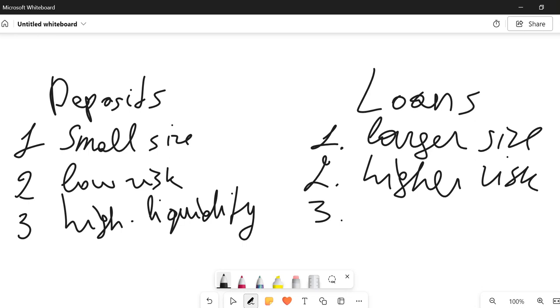In this case, deposits are converted into cash in 1 year, but loans convert into cash in 10 years. So deposits have high liquidity, but loans have illiquidity or low liquidity. Okay.